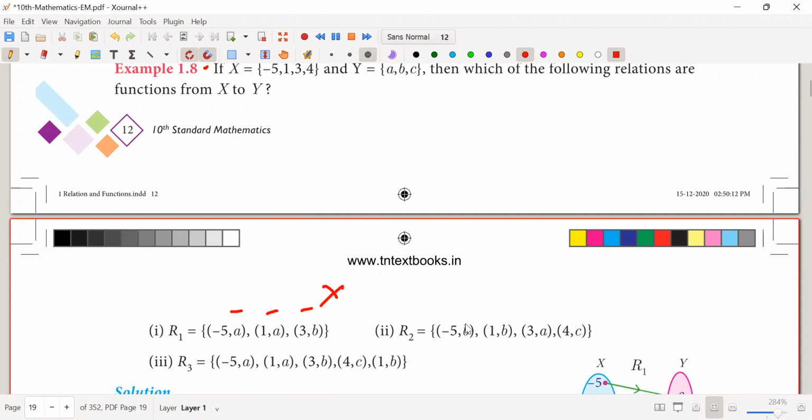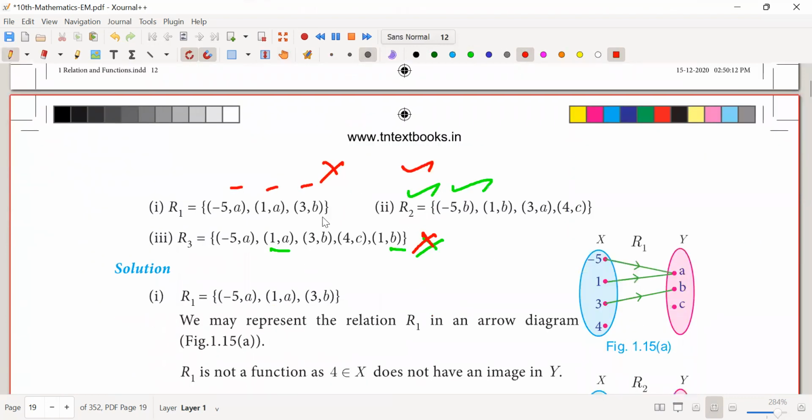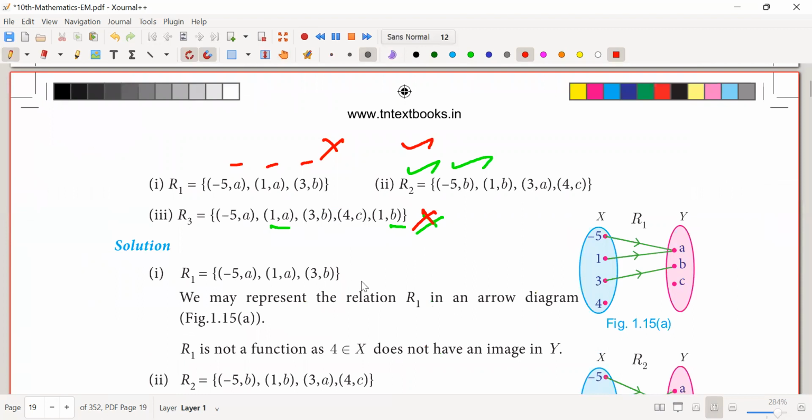Minus 5 to b, okay. 1 to b, 3 to a, 4 to c. Okay, this is a function. Yes, this is right. Then minus 5, 1 has 2 images. No, this is not a function.